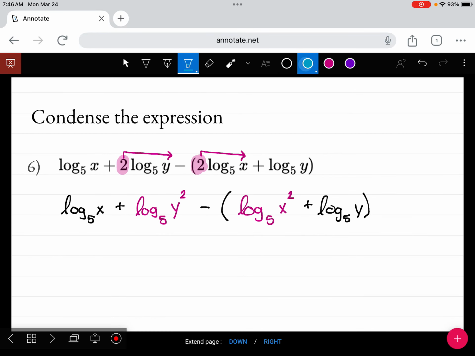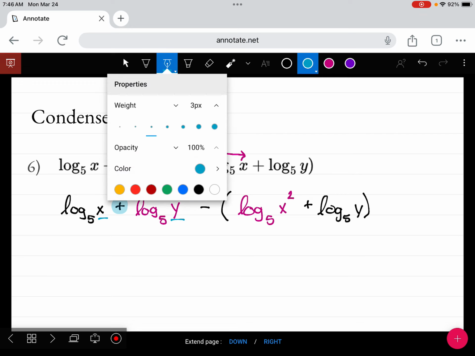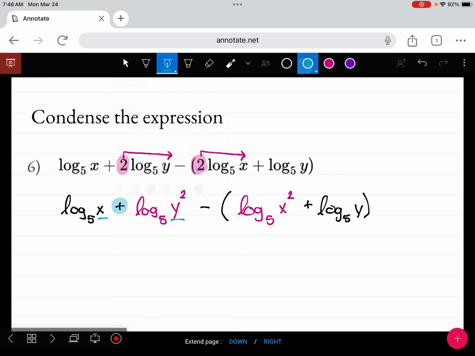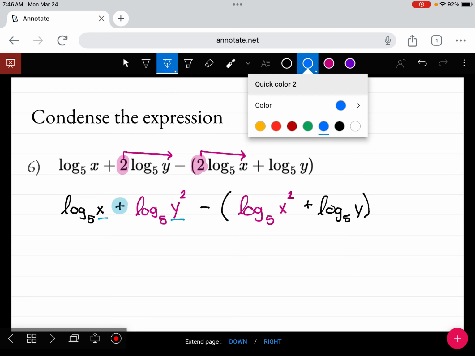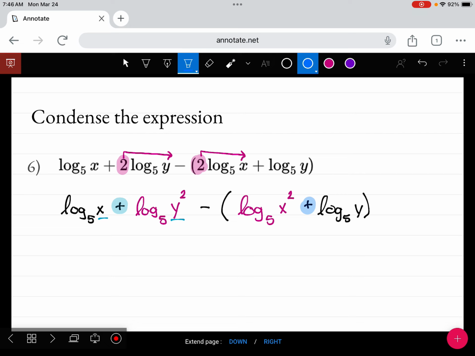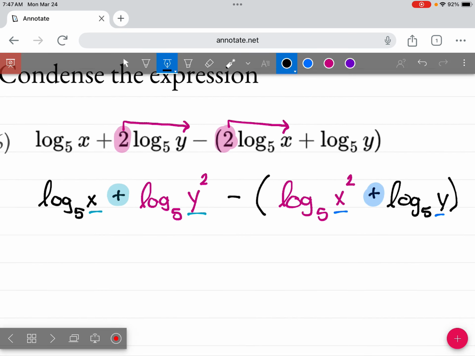Now we need to take anything we have that is addition and make it multiplication. So I've got a plus over here, which means I need to multiply those 2 arguments together. And inside my parentheses, we also have a plus. So I need to take this piece and multiply it with this piece. Okay, so we need to take and set up 2 different pieces like this.